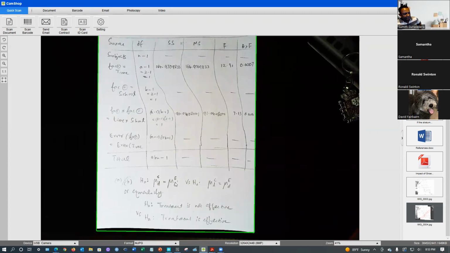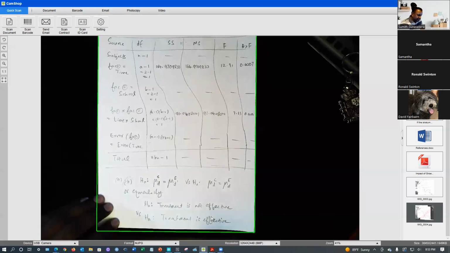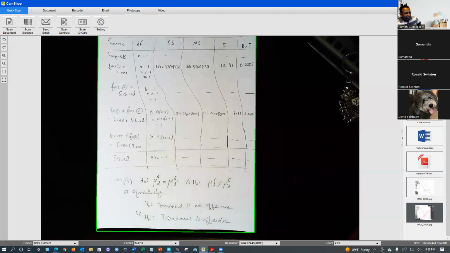The H naught is that the differences are equal, or equivalently, the treatment is not effective. And the HA says the treatment is effective.